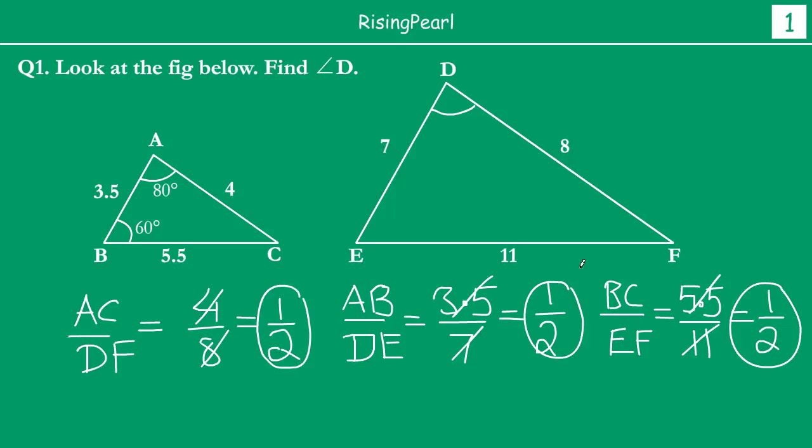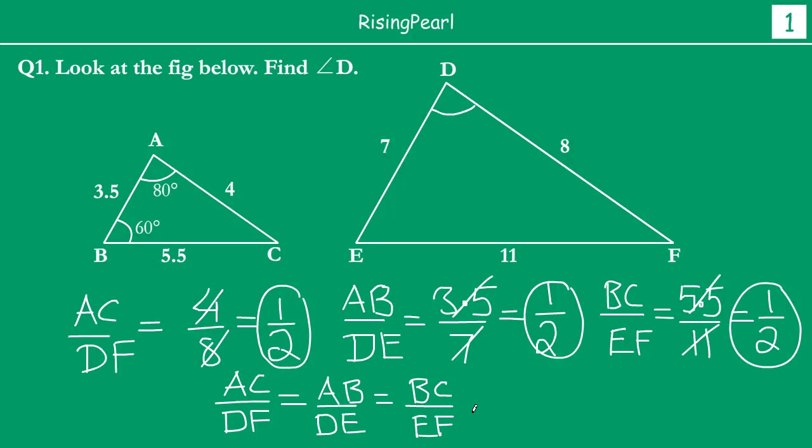So friends, then we can say that in these two triangles we have AC by DF is equal to AB by DE is equal to BC by EF.